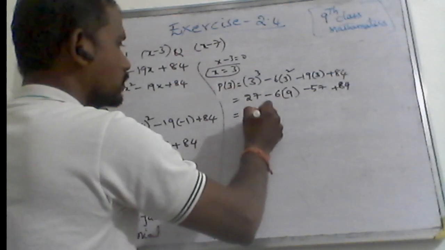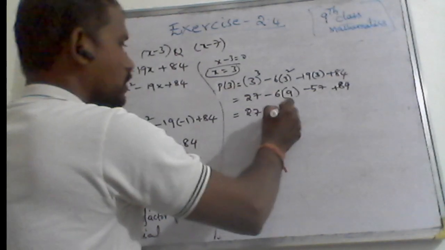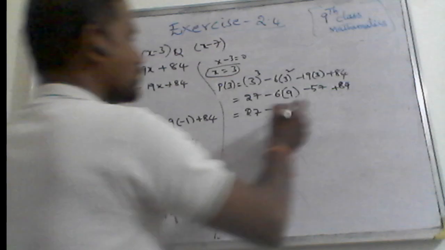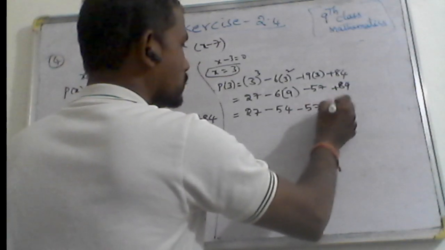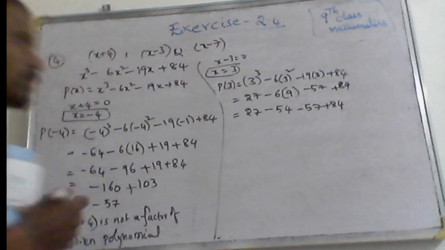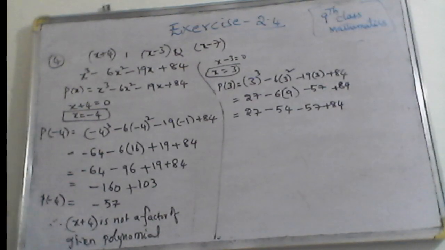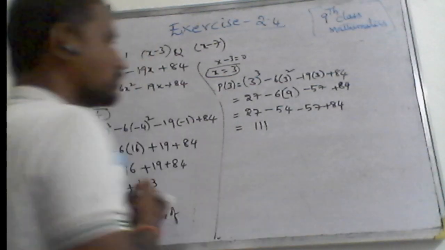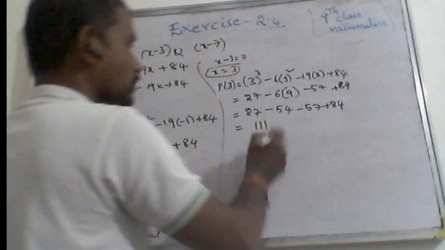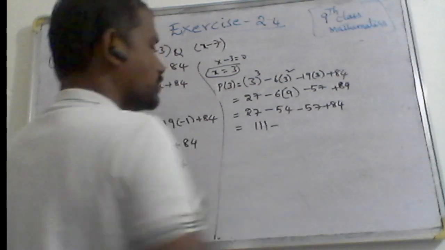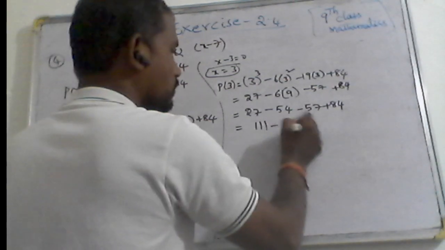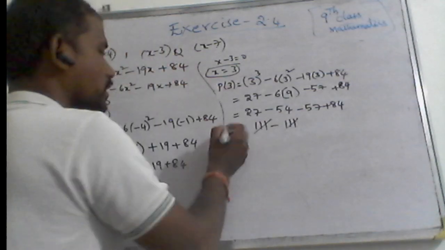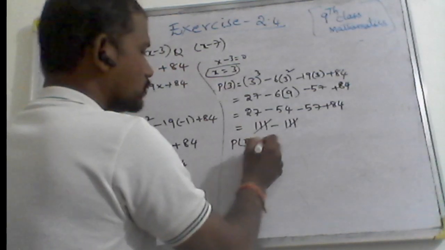So 27 plus 84 is 111, and minus 54 minus 57 is minus 111. So these two get cancelled. So p of 3 equal to 0.